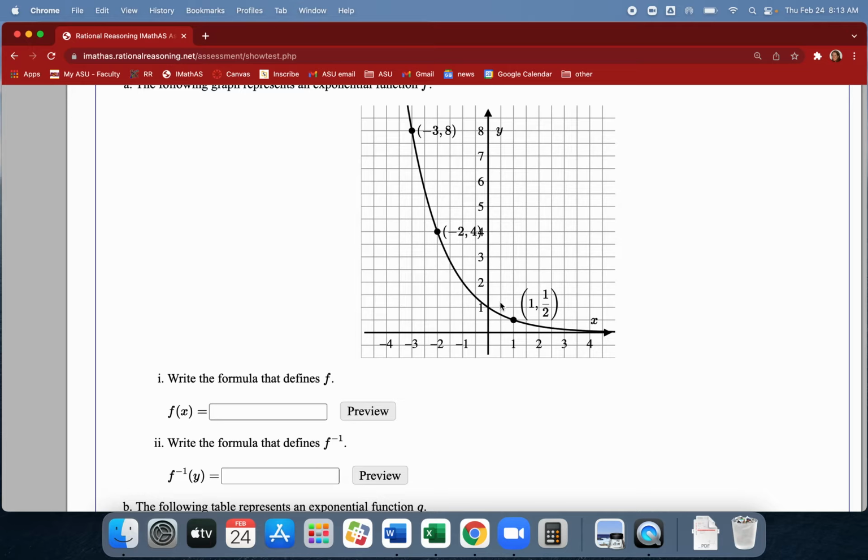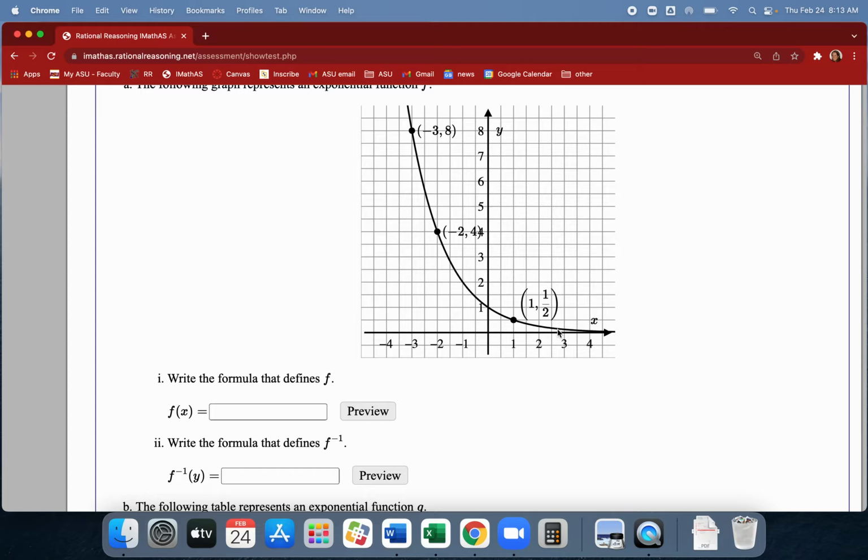We have only 3 points here that are labeled, but this does go through 0, 1 also. But if you can find that initial value, which is 0, 1, and that fits the pattern here, and the growth factor or decay factor, you can maybe see in this case, since the y values are shrinking.